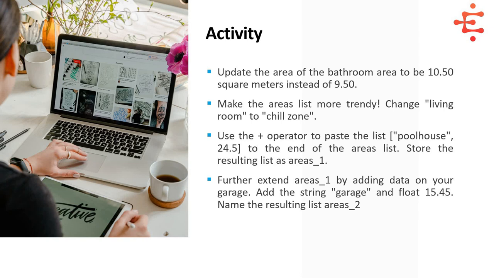Further extend areas 1 by adding data on your garage. Add the string garage and float 15.45. Name the resulting list areas 2. Okay.